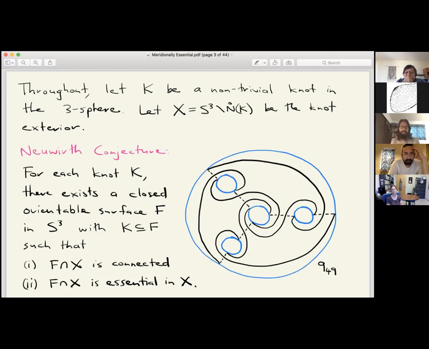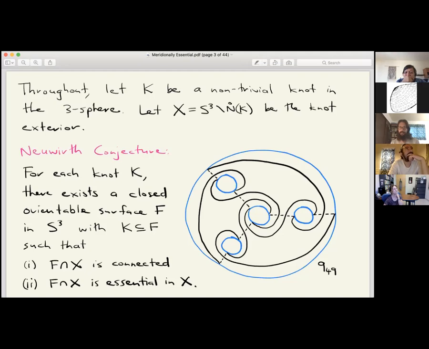And that says, for any knot in the three sphere, there exists some closed orientable surface F, like this blue genus 4 surface drawn here, and you can isotope the knot to lie on that surface to satisfy two properties. So one is that the complement of the knot in the surface is connected.